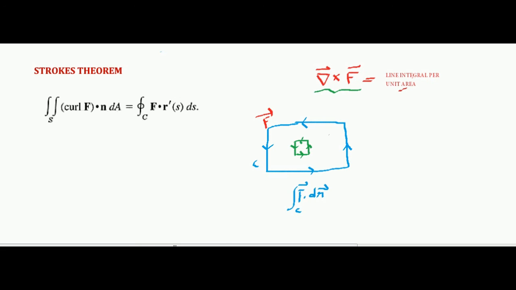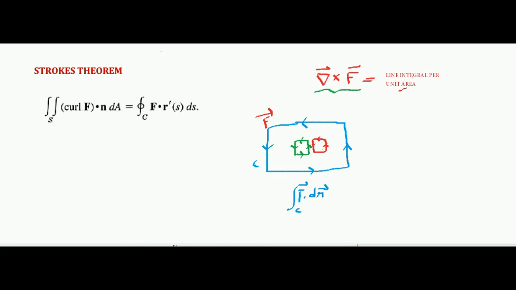Agreed? So if I go on adding curl, so if I have curl in this unit area, now consider I take another unit area near to that first part. Consider I have another unit area and the curl also goes anti-clockwise here. So it goes like this, like this, like this, and like this.